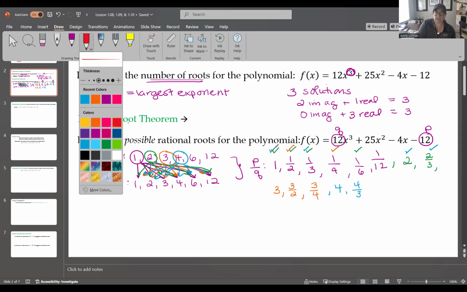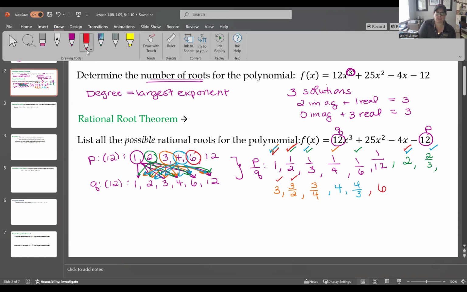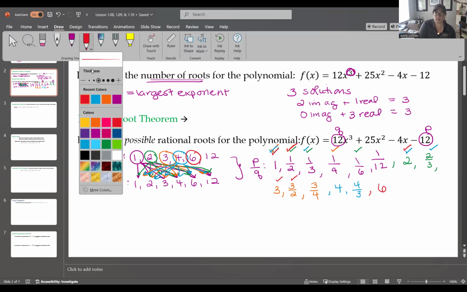Tackle 6. So 6 divided by 1. 6 divided by 2 is 3. 6 divided by 3 is 2. 6 divided by 4 is 3/2. 6 divided by 6 is 1. 6 divided by 12 is 1/2. So the only new one is the number 6. And then last but not least, what color haven't I used?